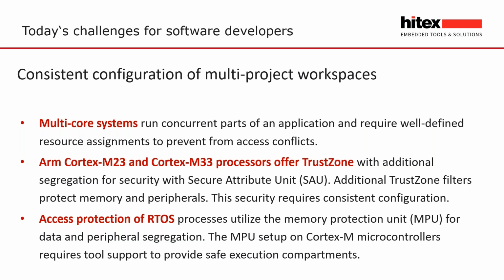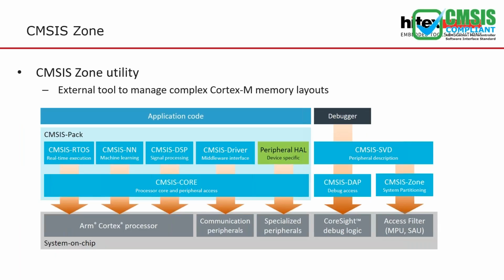So in order to be able to develop complex applications, and this is not really just for security, but as our applications are getting more complicated, we need to be able to manage these increasingly complicated resources on the devices. So there is a new CMSIS standard, which is called CMSIS Zone.